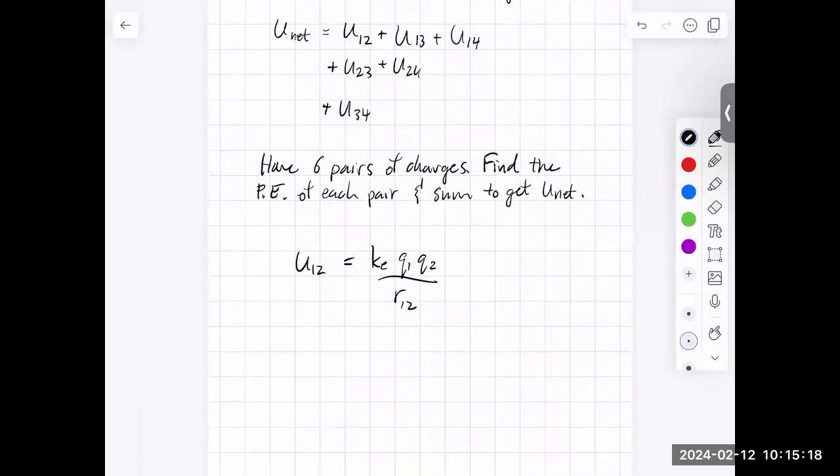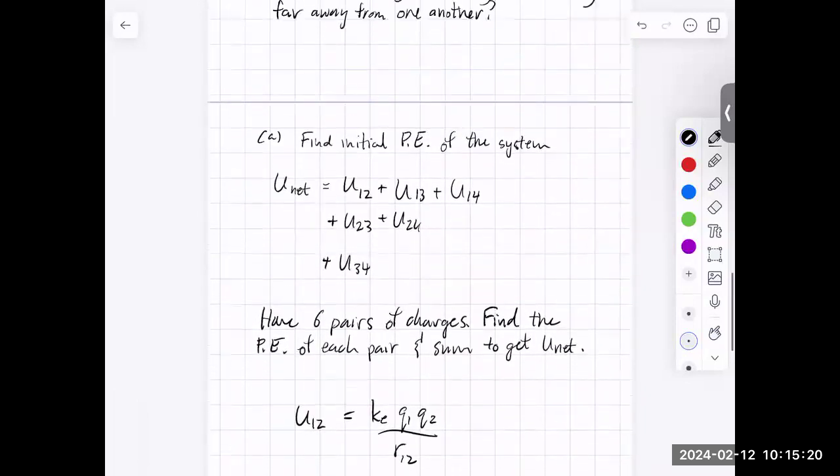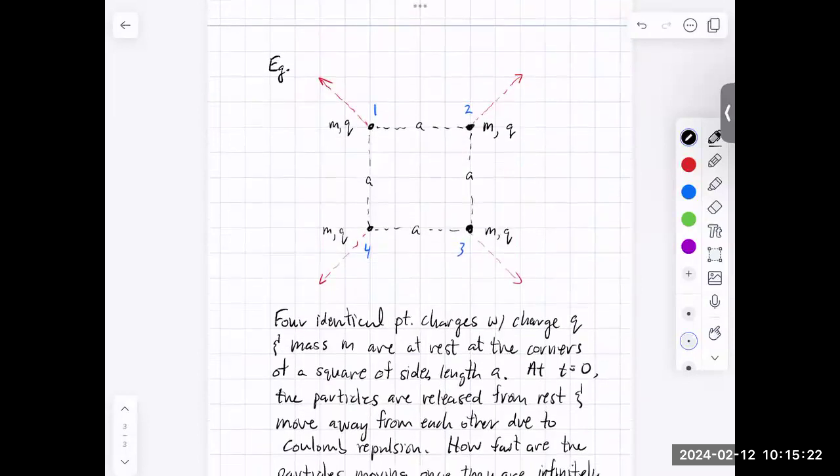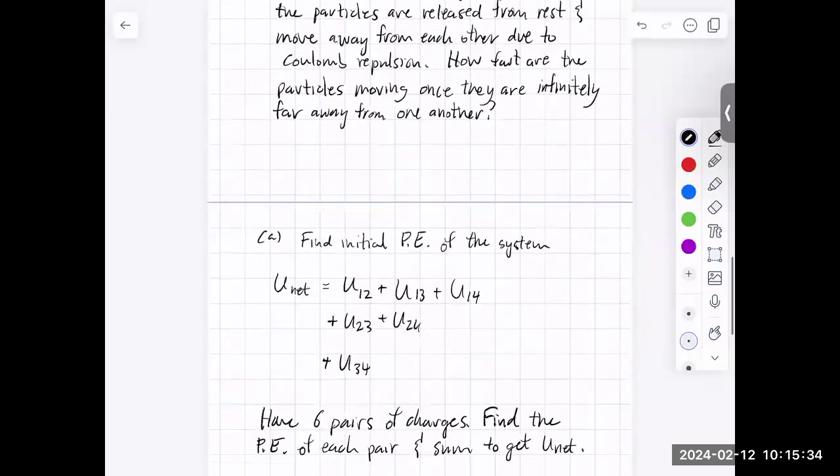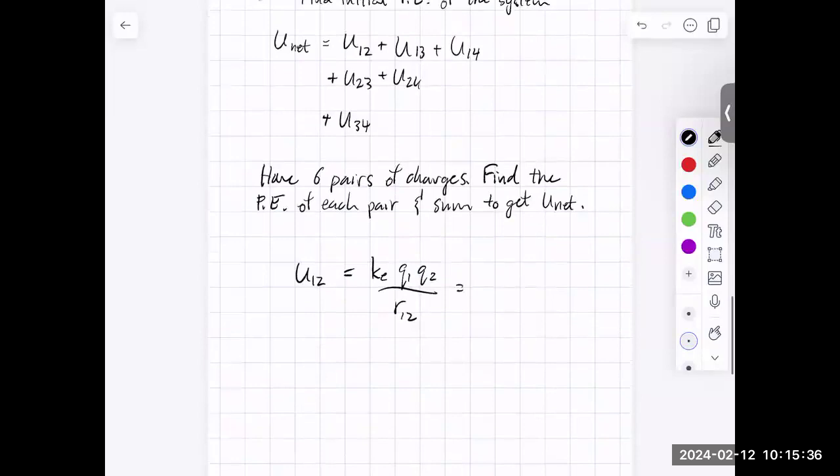That's easy enough. If we go back to our picture, the distance between charge 1 and 2 is A, so R12 is equal to A. Q1 is just Q, and Q2 is just Q, so Q1 times Q2 is just Q squared. So for this problem we end up with Coulomb's constant times Q squared divided by A.